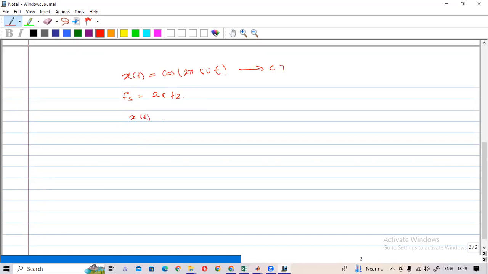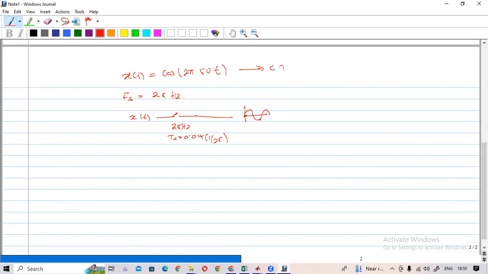That means x(t) is sampled at 25 hertz. 25 hertz means the sampling time will be 0.04, that is 1/25.